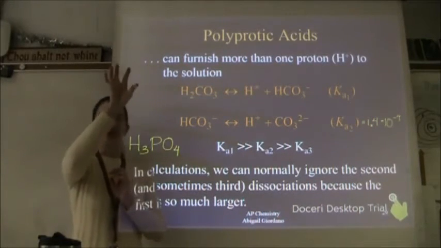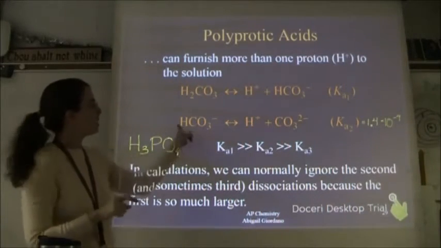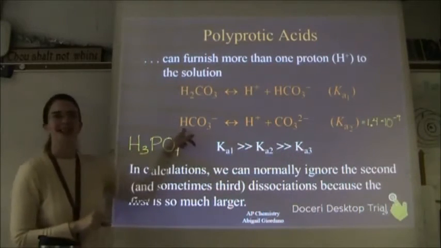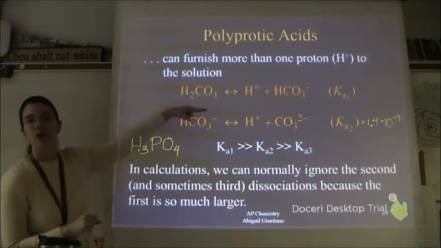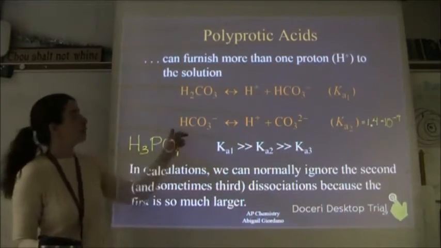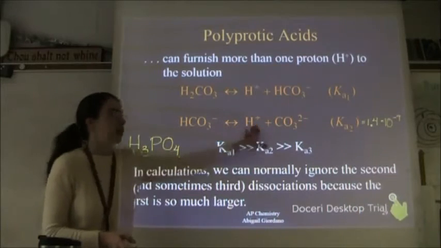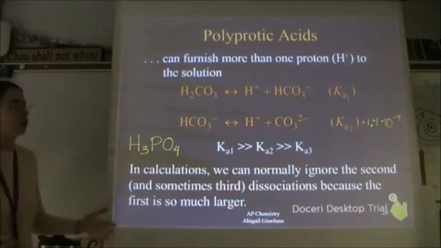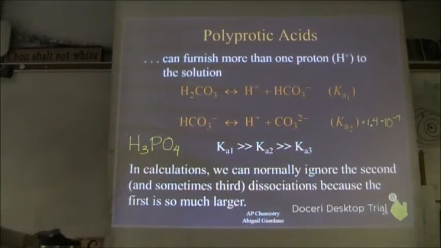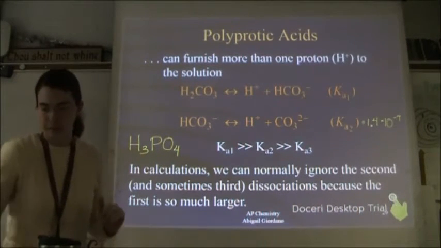Is there a lot of product or a little product in the numerator? Very little. That means this reaction is not going in the forward direction much at all. And if this reaction is barely happening, then we really don't need to worry about it for our calculations. And I'm going to prove it to you. Okay?